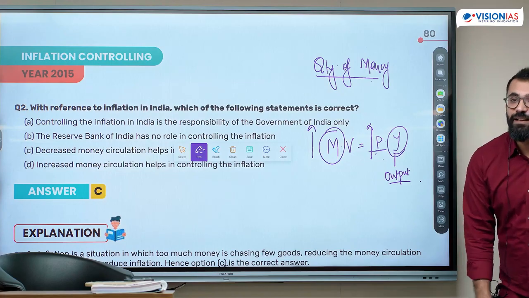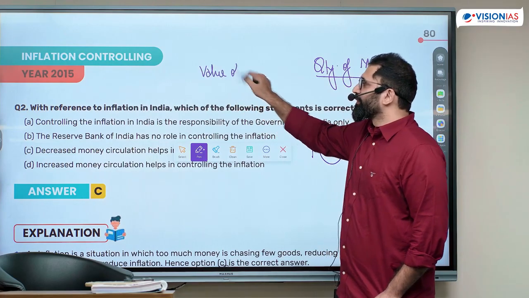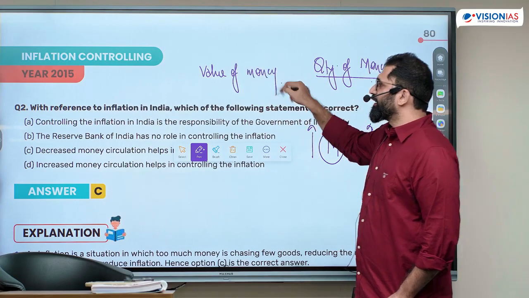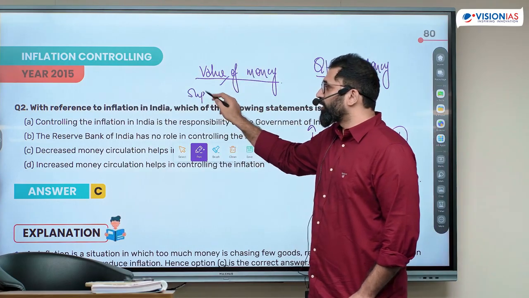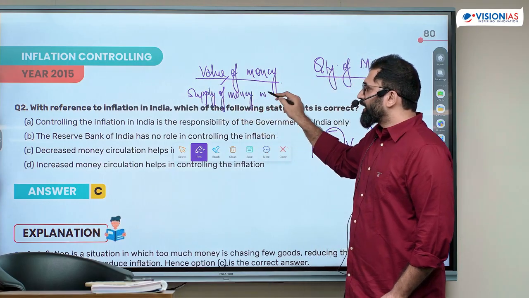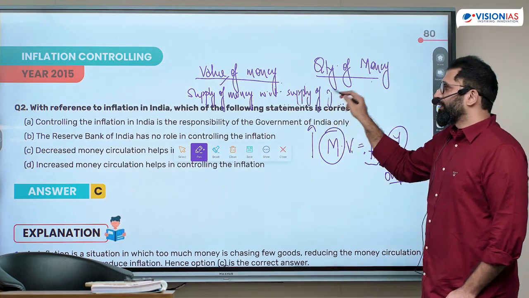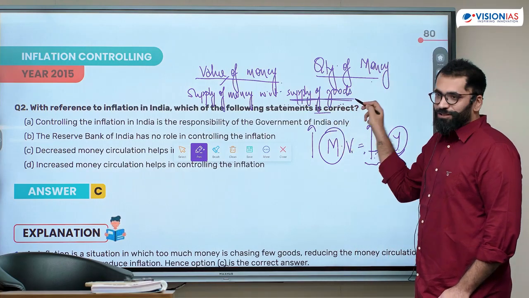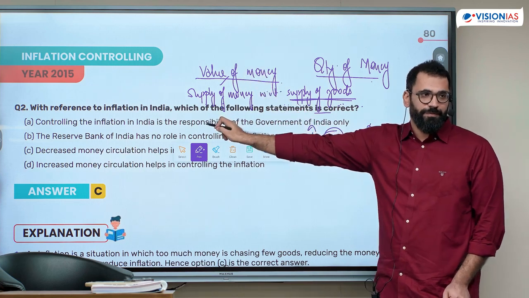It is scarce. So how do we decide the value of money? The value of money comes from the supply of money with respect to the supply of goods. If this does not change, but this increases, value will fall.